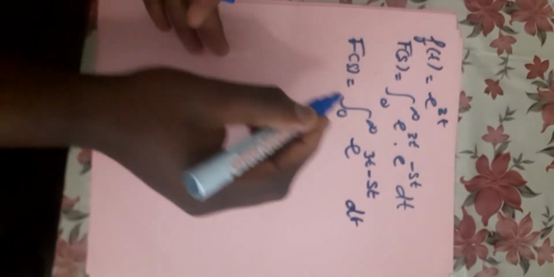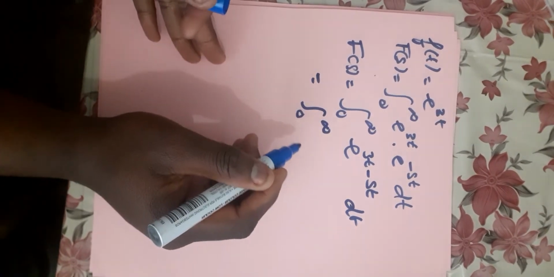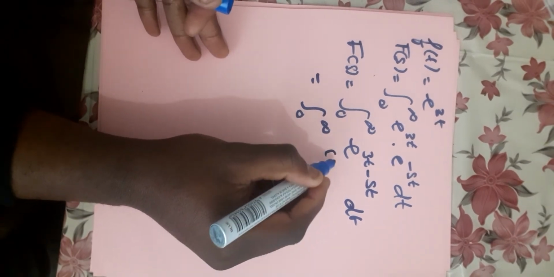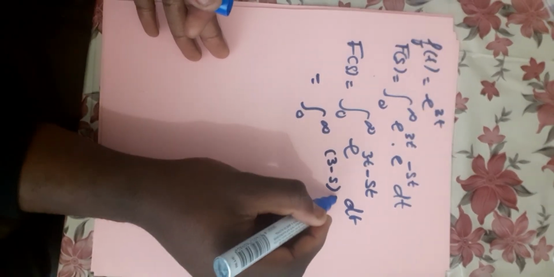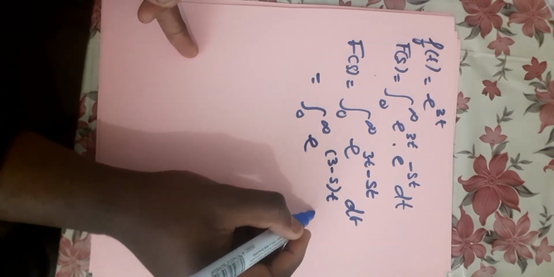Well, someone can say, let me put it like this. I can factorize t, so I'm going to have e to the power (3 minus s)t. I can write it like this. But this will get you into trouble, because when you replace, you're going to have e to the power infinity, and if you have e to the power infinity, you cannot do anything.